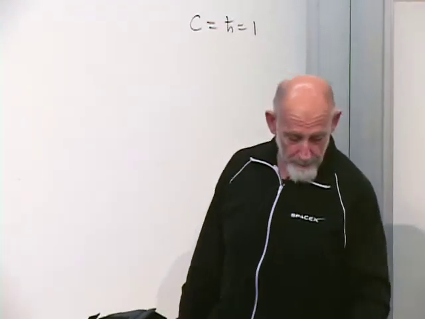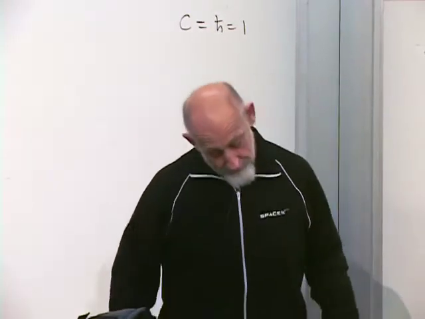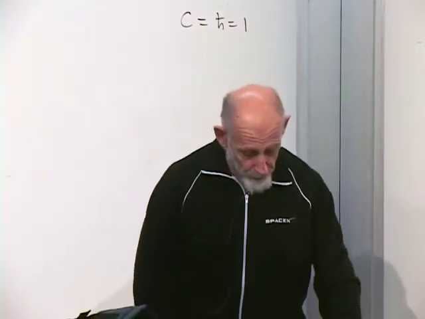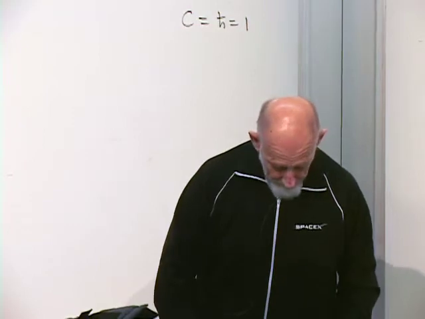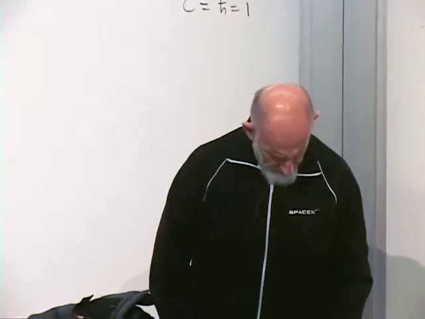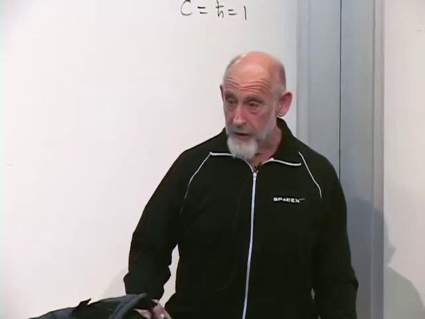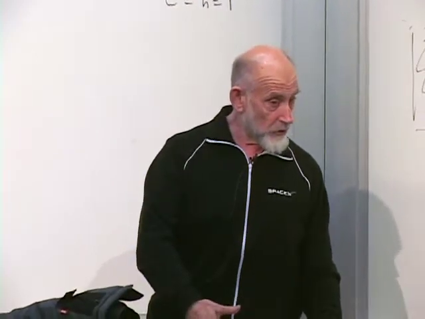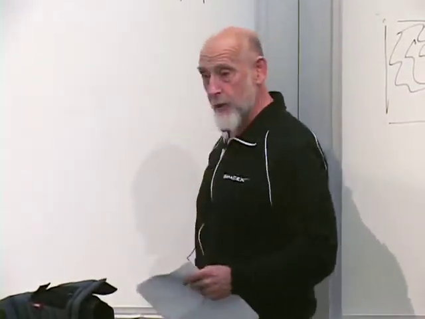Planck's constant being equal to 1, that's something that's permissible to do, and it's just units in which the uncertainty principle says that the product of the uncertainty of position times the uncertainty of momentum is equal to 1 unit of something, namely 1 unit of action. But c equals h bar equals 1.